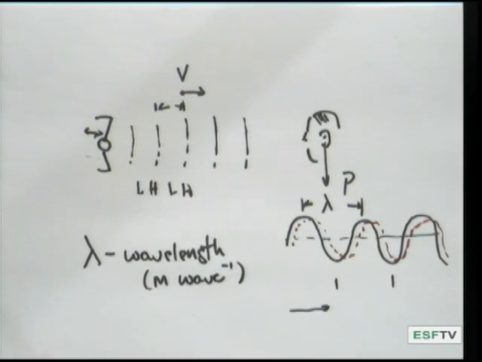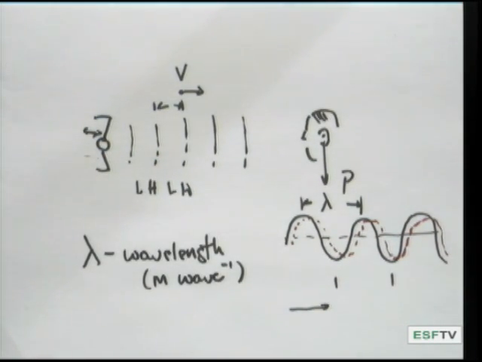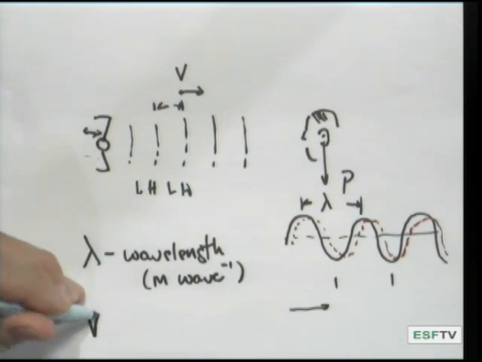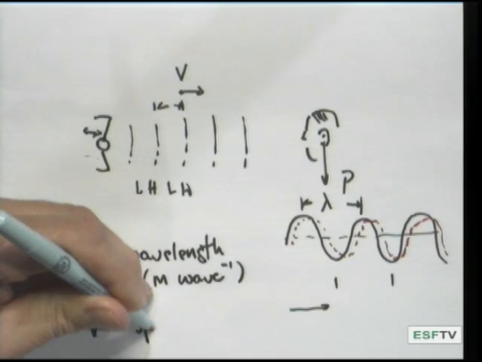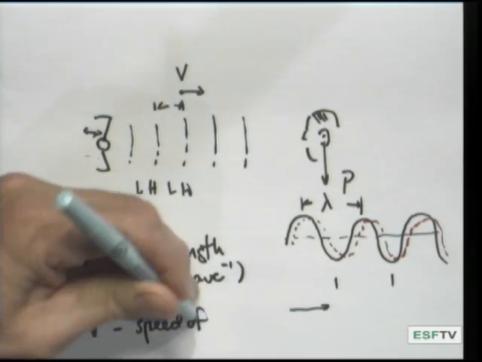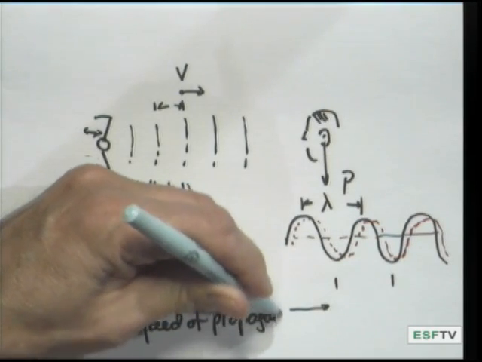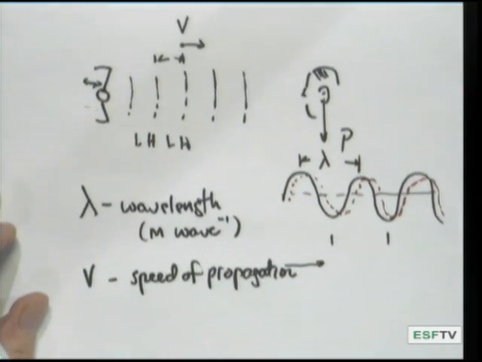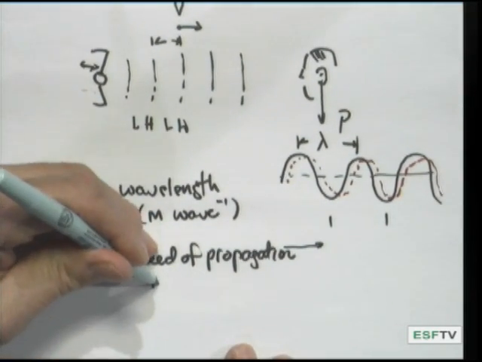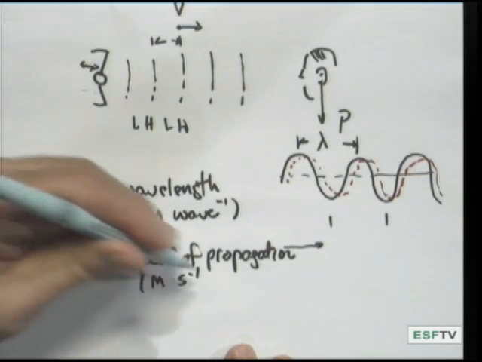Okay. We also have the speed with which a wave can propagate, and that is going to be v. That's the speed of propagation, and that is going to have units of meters per second.